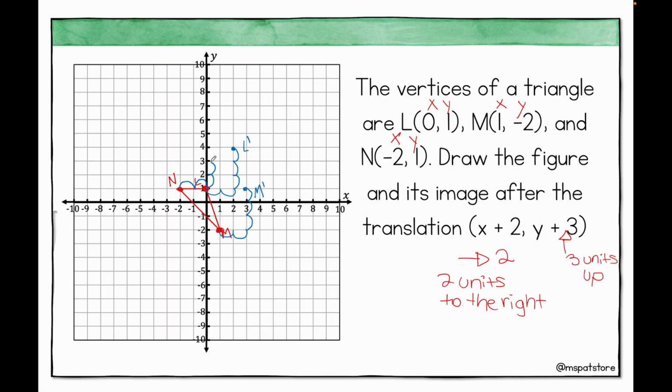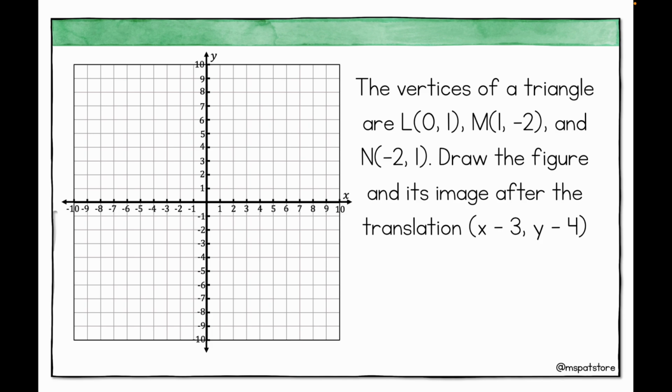Here you're going to have N prime. Now I need you to connect all these primes together. Very good. This is the way that your triangle should look like.